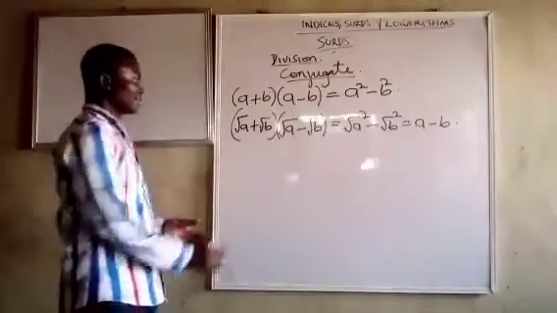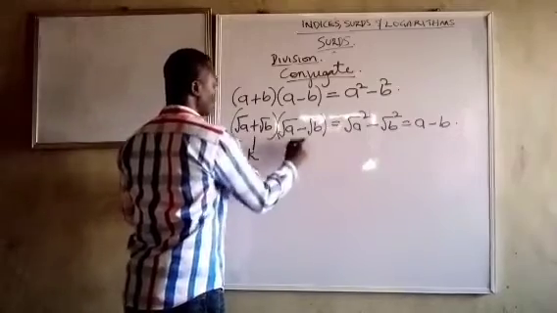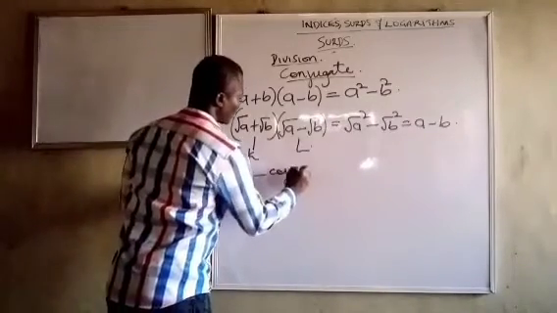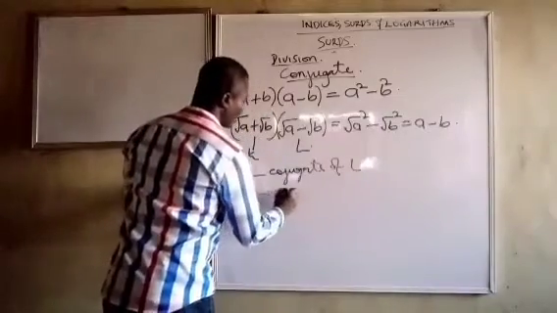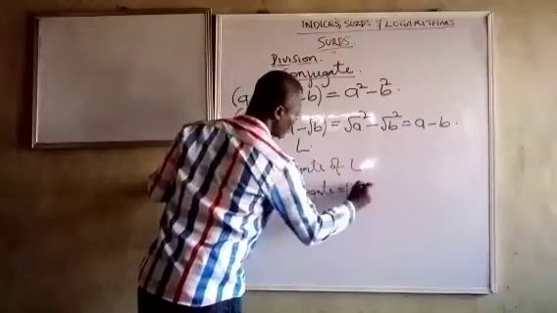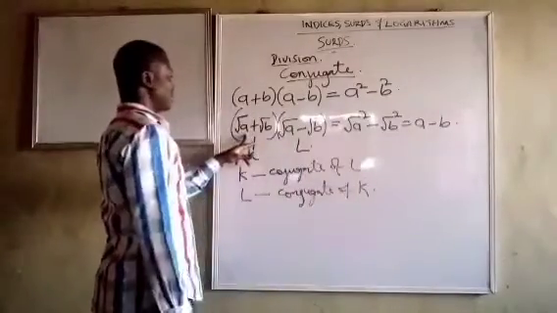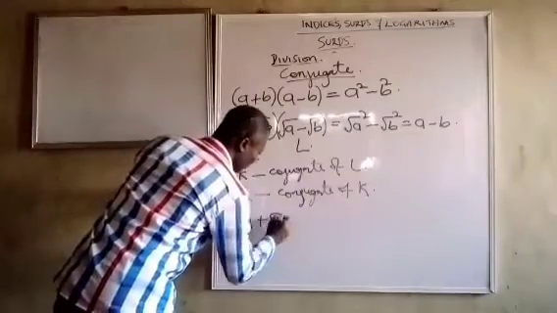So in this instance, let's call this one k, and this one is l. So k is the conjugate of l, and l is the conjugate of k. Let's look at another one now. Assuming a is a real number, so we have a plus root b.